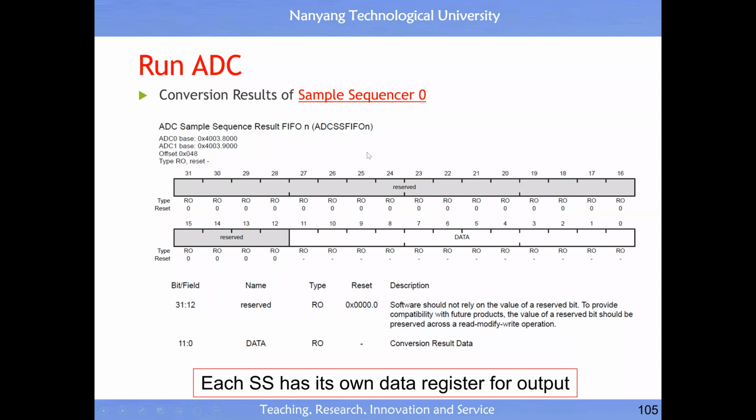You have another data register for sampling device number 1, number 2, number 3. Since you have two units, you have a data register for you to get the data, the digital number which corresponds to the reading of a sensor. So if you ride your bicycle, basically what you want to obtain is this number. Read this number, you connect your sensor regularly, you read the number from here, done already.